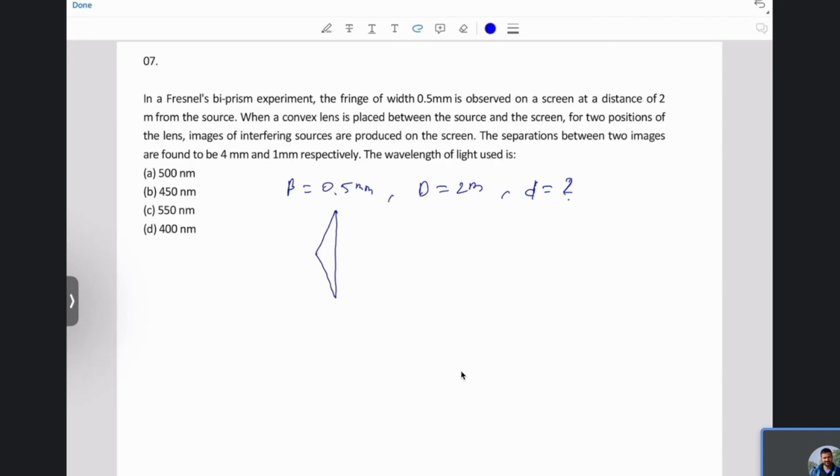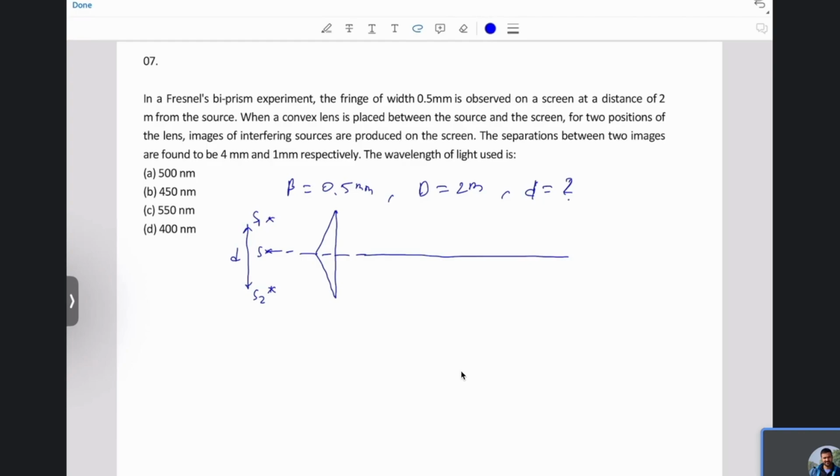So this is the biprism. This is suppose your S1, source 1 and source 2. We have to find this distance, d, right? And this is our original source, and this is the axis.